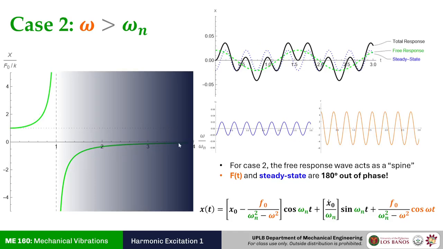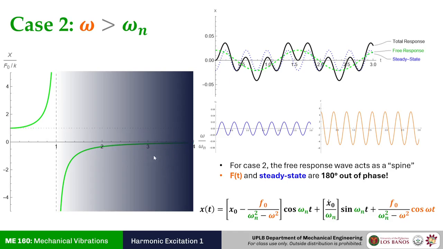So in this zone, if your forcing frequency is greater than your natural frequency, you encounter some vibration, but it's not really that bad. Hence, this is where you'd want to operate your system. If you can't avoid disturbances, you can't avoid frequencies.